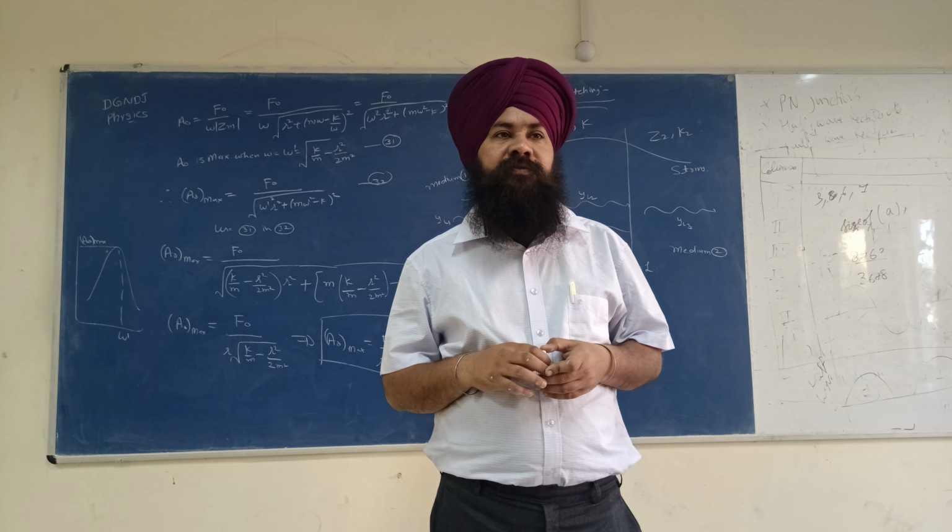Why have I taken x minus l? Because this is the interface, and this interface is x equal to l. So I have taken the difference, and it comes out to be x minus l.